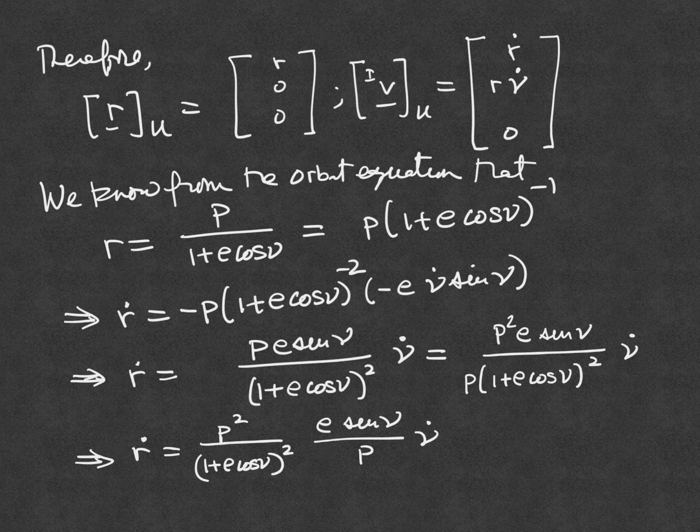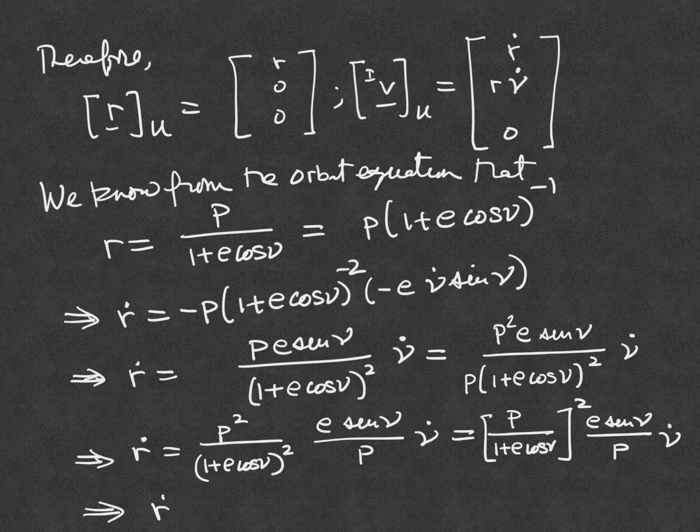But P squared over 1 plus e cosine of nu squared can be written as P over 1 plus e cosine of nu, the whole thing squared, times e sine of nu, all divided by P, times nu dot. And this last result can then be written as R dot is equal to, well, P over 1 plus e cosine of nu is just R. So we get R squared e sine of nu, all divided by P, times nu dot.